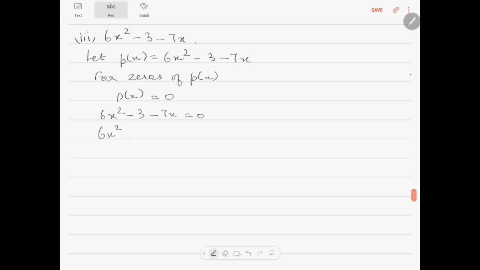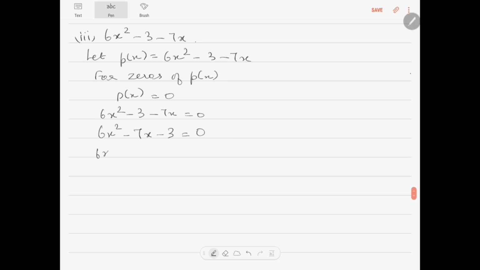Splitting the middle term, this can be written as 6x square minus 9x plus 2x minus 3 is equal to 0. Taking 3x in common, we get 3x into 2x minus 3 plus 1.